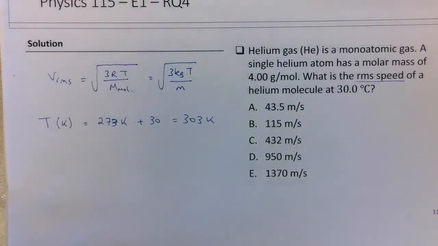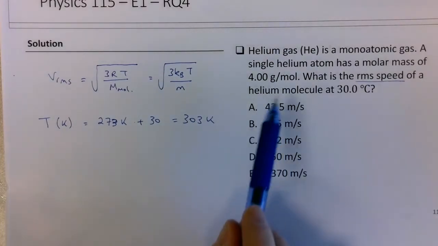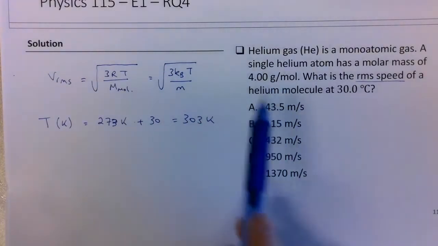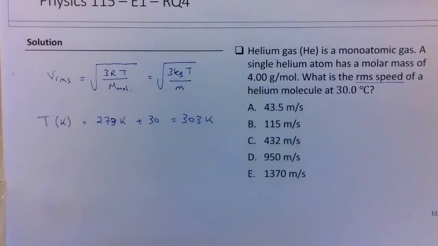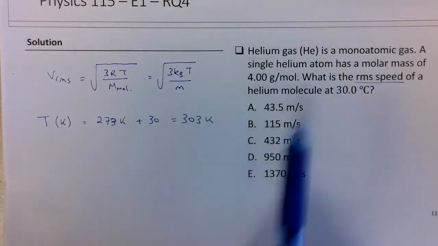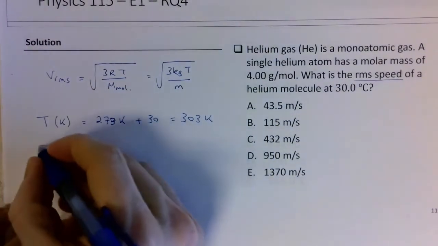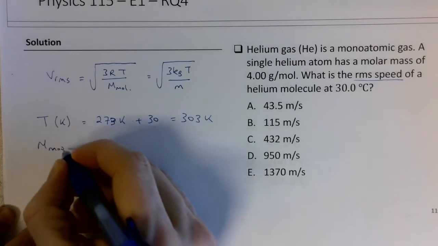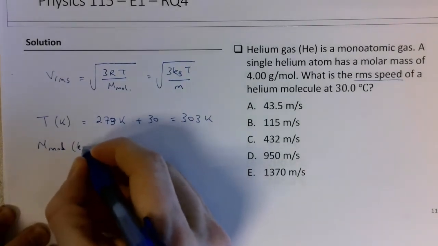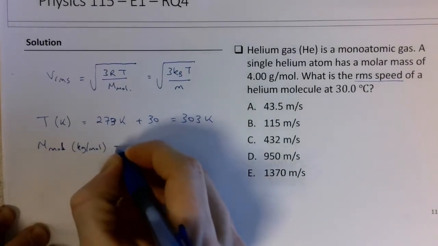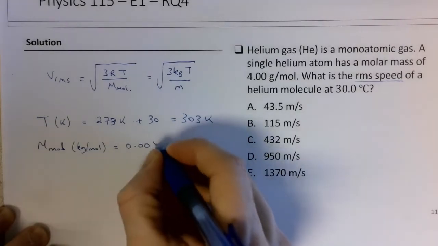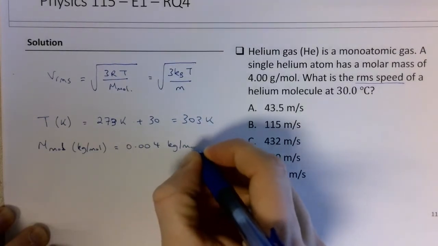And what's kind of tricky here is the molar mass. It's very common to give molar masses in grams per mole. It's the most common unit for molar mass, but the gram is not an SI unit for mass. So some students will get caught up here and not correctly convert the molar mass. The molar mass must be in kilograms per mole, so that means it's 0.004 kg per mole.